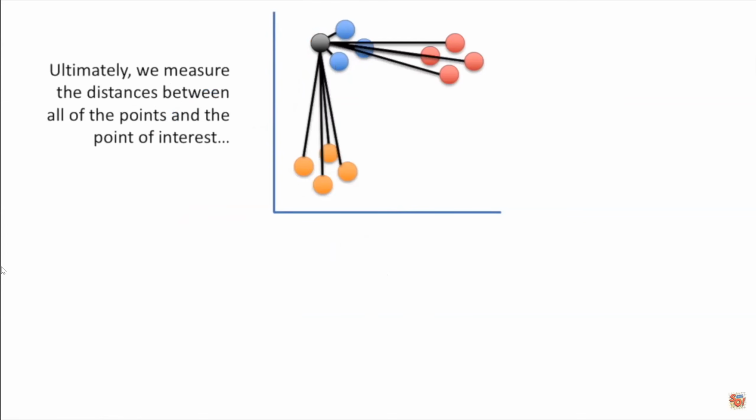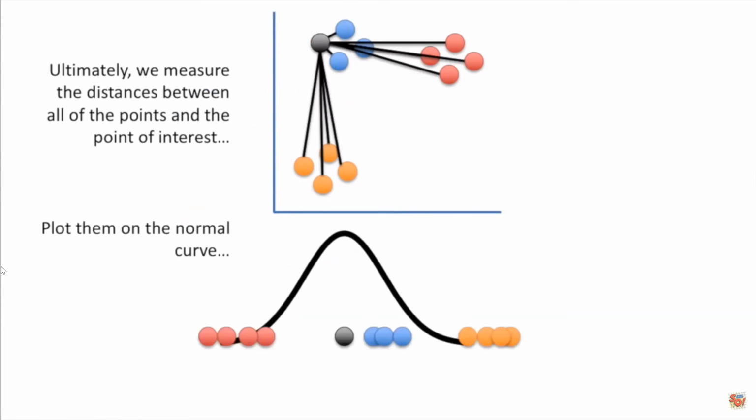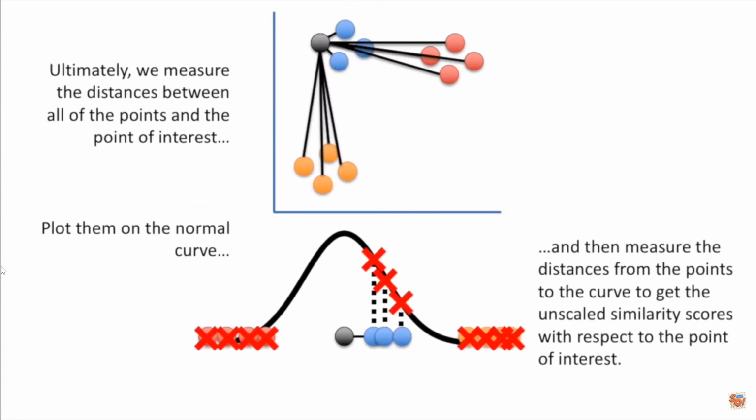Ultimately, we measure the distances between all of the points and the point of interest. Then plot them on a normal curve, and then measure the distances from the points to the curve to get the unscaled similarity scores with respect to the point of interest.